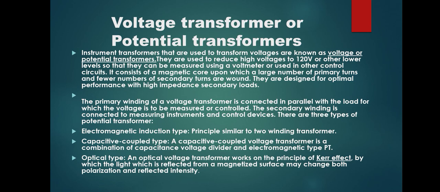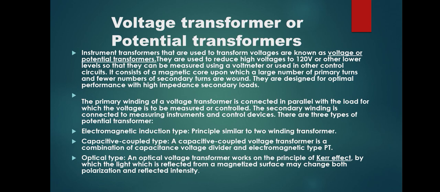It consists of a magnetic core upon which a large number of primary turns are wound, designed for optimal performance with high impedance secondary loads. The primary winding of a voltage transformer is connected in parallel with the load for which the voltage is to be measured or controlled. The secondary winding is connected to measuring instruments and control devices.